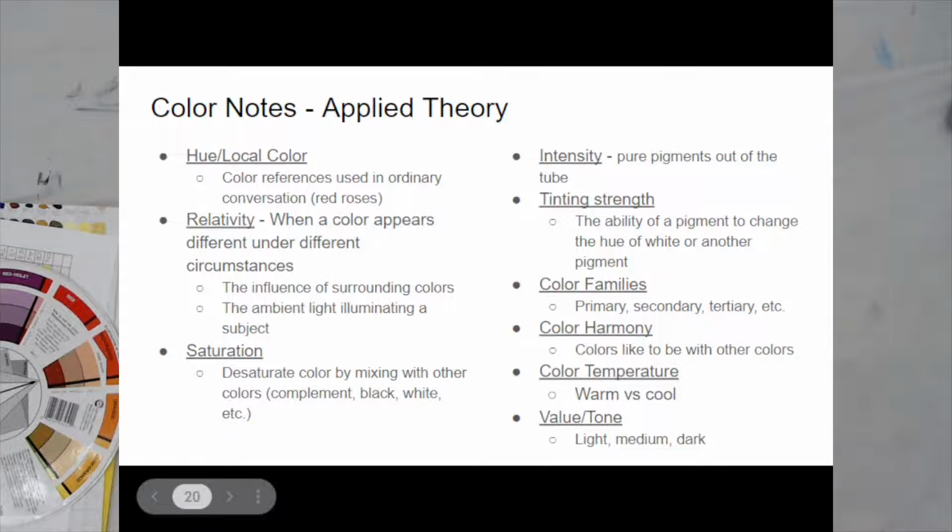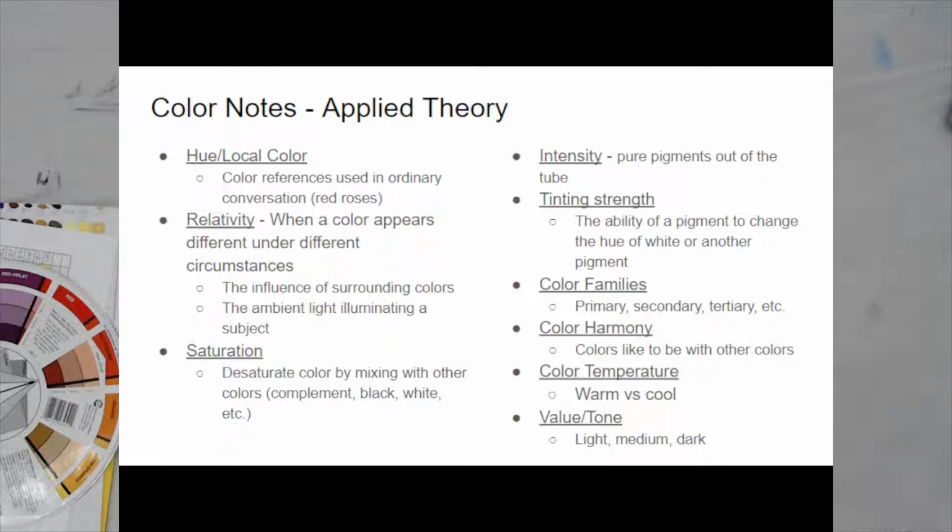Not that that matters. Really, what you need to know is, how do I mix the color that I want? This just gives you more insight into why you might have difficulty, and it's additional helpful information to help you understand.